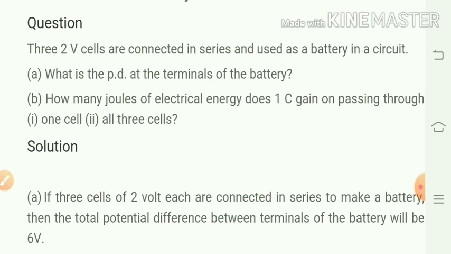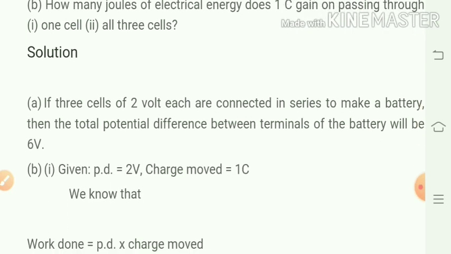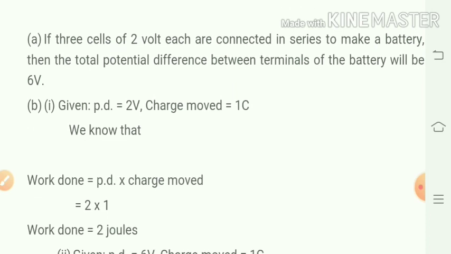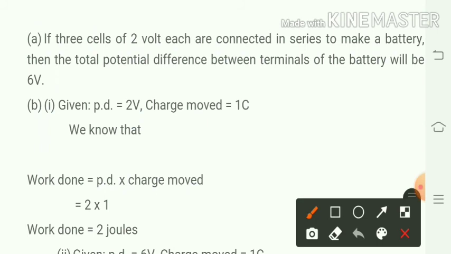Now, if 3 cells of 2 volt each are connected in series to make a battery, then the total potential difference between the terminals of the battery will be 6 volt, because every time in the circuit a voltmeter is connected across the points, and as these are in series, this total potential will be equal to this 6 volt.